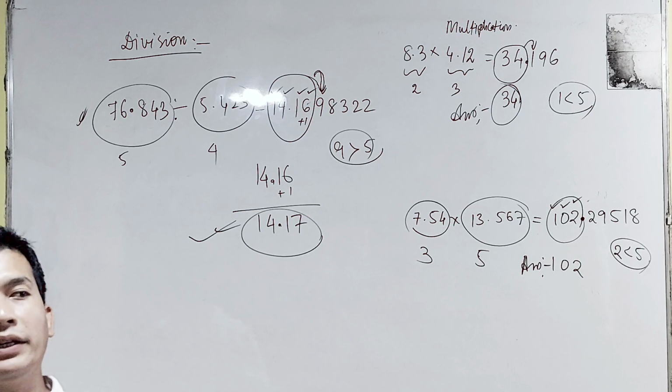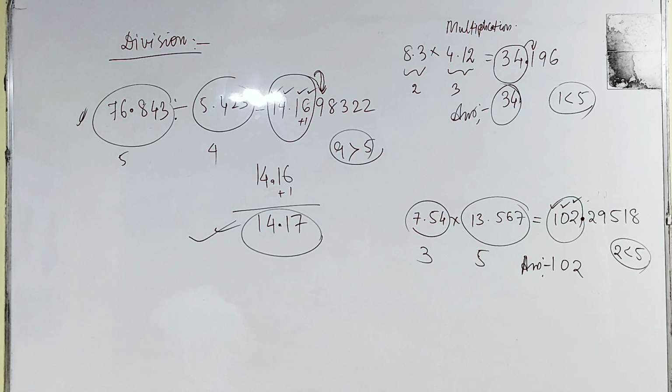So, keeping the concept of significant figures, this is the way to calculate our addition, subtraction, multiplication, and division. Okay, this is very important, and we will pick up one question from our revision to understand this one.